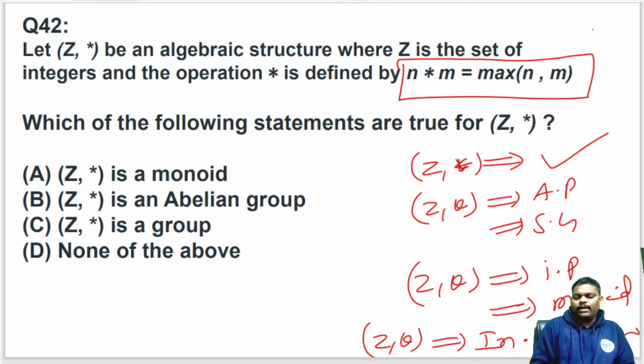You know this very well. If (Z, *) satisfies the closure property, then it is called an algebraic structure.